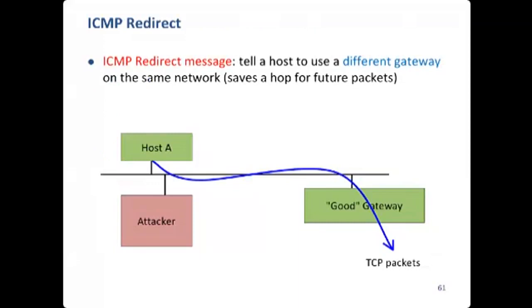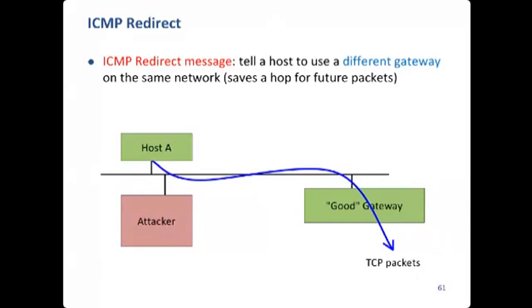We have seen that in a LAN, all IP messages go through a gateway, because every subnet will have a gateway. So now host A is sending through the gateway, you can see the blue line here. But there is an attacker, and it sends an ICMP redirect message to host A saying that there is a better gateway available, and that better gateway has the IP address of the attacker. Note that anybody can create this ICMP message.